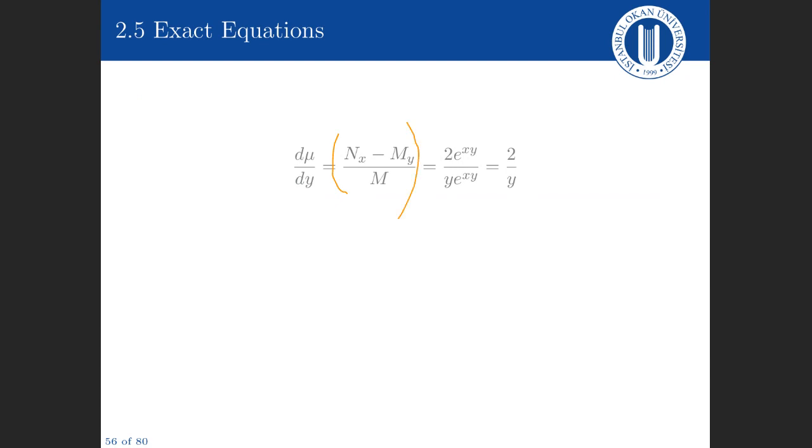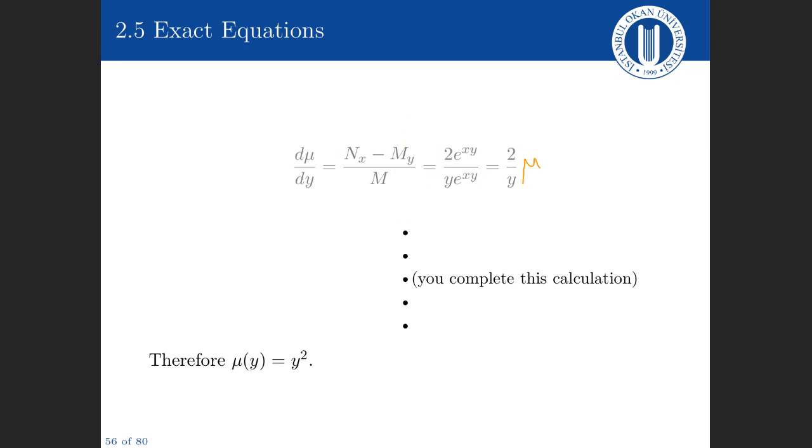There should be a mu here. And I'm going to leave this for you to finish. When you solve d mu dy is equal to 2 mu divided by y, you'll find that you get the integrating factor mu is equal to y squared.